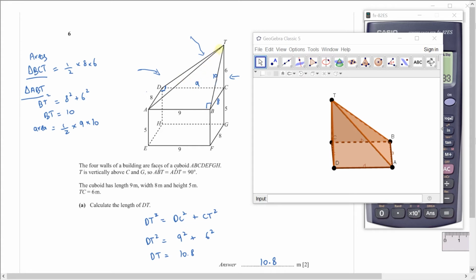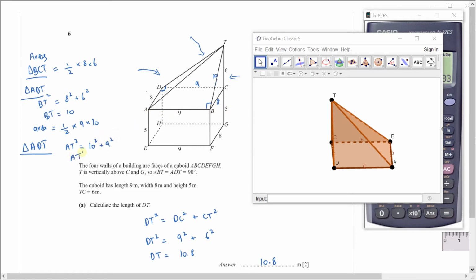We can first calculate AT using triangle ABT, and then once AT is known, we can calculate DT as well. So let's move on to triangle ADT. Now to calculate DT, I first need to calculate AT. If you look at triangle ABT, your AT is your hypotenuse. AT square will be equal to this length BT, which is 10 square, plus this length AB, which is 9 square.